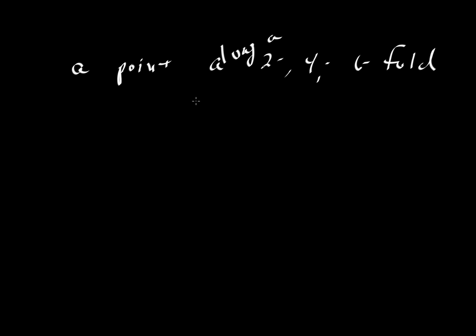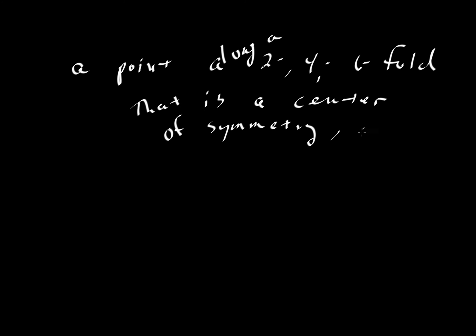If we have a point that falls along a 2, 4, or 6-fold rotational axis, so a point along A, so if we have a point that is a center of symmetry, or an inversion point, which we denote as I, then a mirror plane must be perpendicular to the 2, 4, or 6-fold axis.